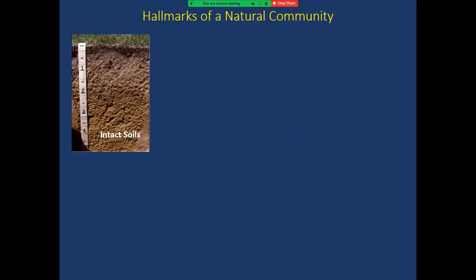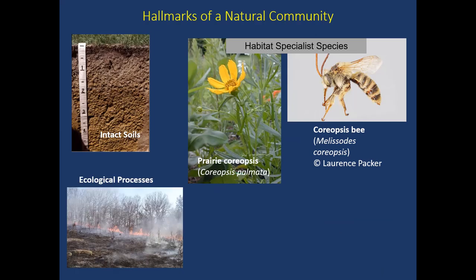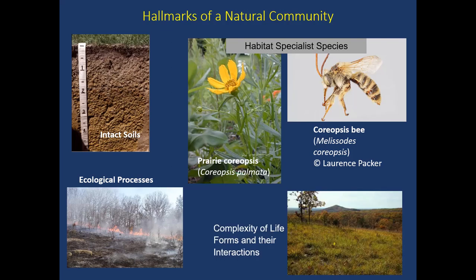The hallmarks of a natural community include intact unplowed soils, habitat specialist species such as the prairie coreopsis and the coreopsis bee, functioning ecological processes such as fire or flooding and soil saturation, and a complexity of life forms and interactions such as pollination.